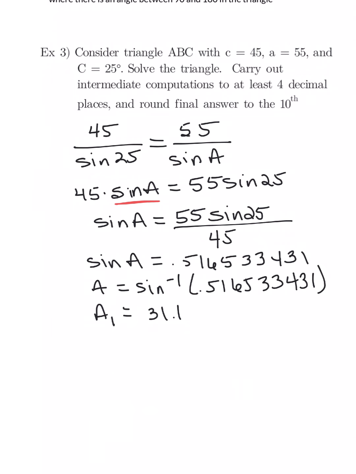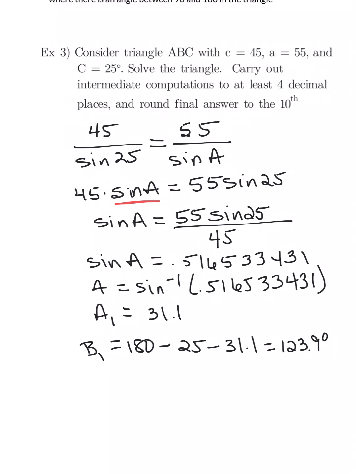So now we know angle A, angle C. What we don't know is angle B. And since this is for our first triangle, I'm going to call it B sub 1. Take 180 minus the 25 we were given, minus the 31.1 that we just figured out, and angle B would have to be 123.9 degrees.